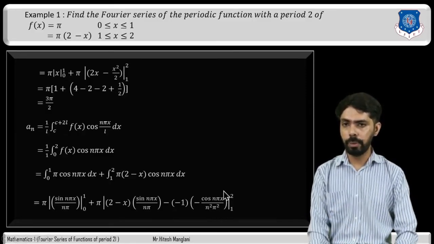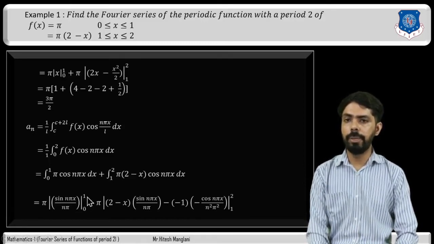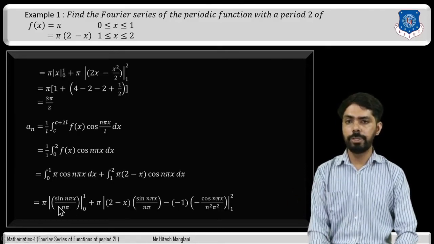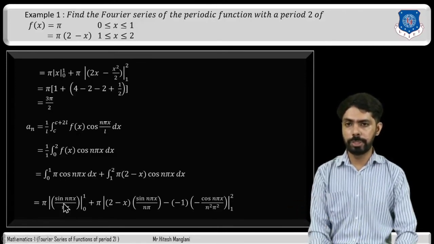So it will be minus cos n pi x divided by n square pi square, and the limit will be from 1 to 2. Now here first of all we will replace x by 1 because the upper limit is 1. If we replace x by 1, then here it will be sin n pi and the value of sin n pi is 0, so no need to write down that term. Now if we replace x by 0, then it will be sin 0 and the value of sin 0 is 0, so no need to write down this term.